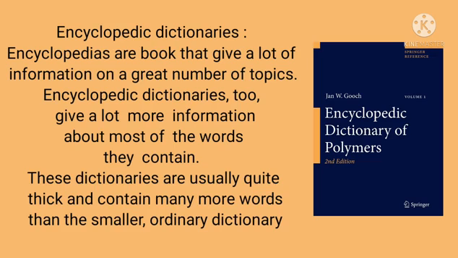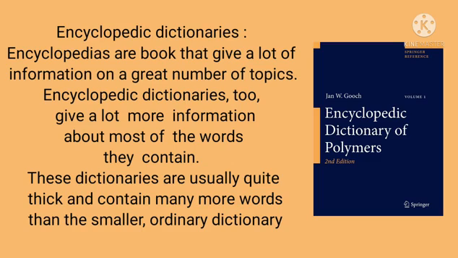Now, next dictionary, encyclopedic dictionaries. Encyclopedias are books that give a lot of information on a great number of topics. Encyclopedic dictionaries give a lot more information about most of the words they contain.